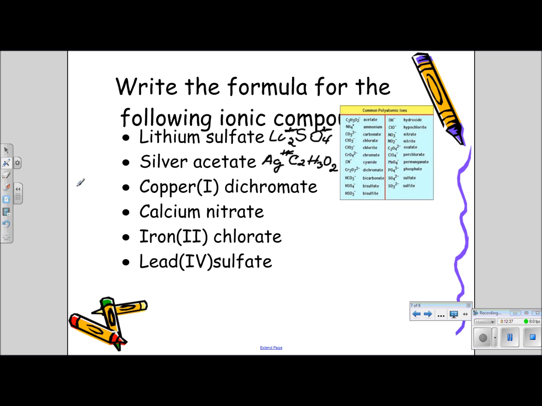Then we have copper 1 dichromate. Okay, I'm going to put it over here for lack of room. So copper, I know that copper is Cu. The Roman numeral indicates that it is +1. And dichromate is over here, Cr2O7, 2 negative.